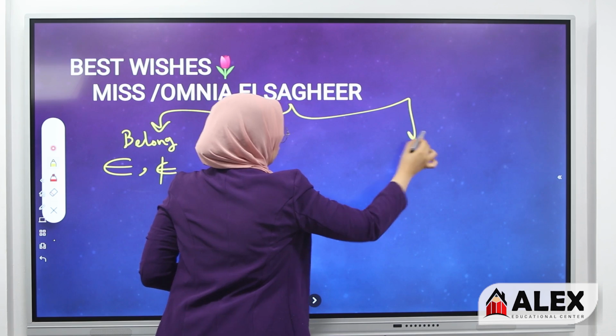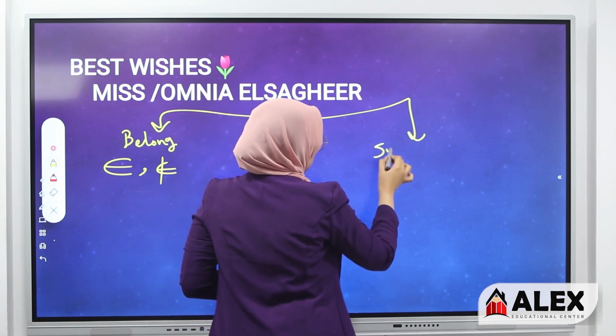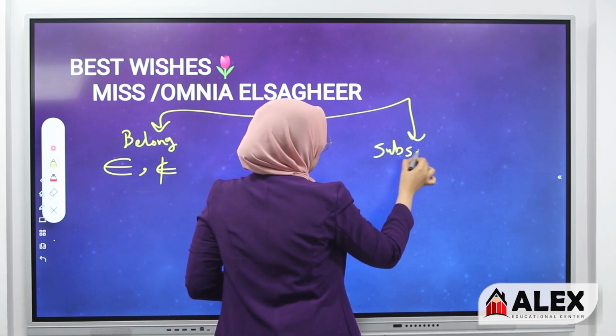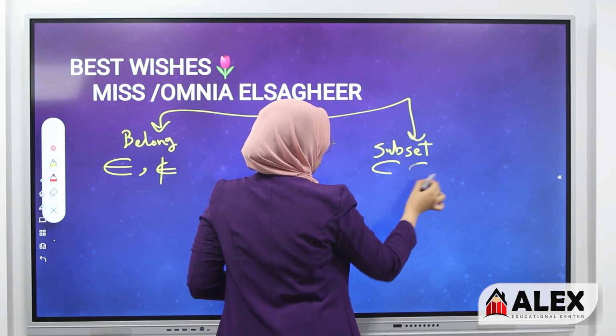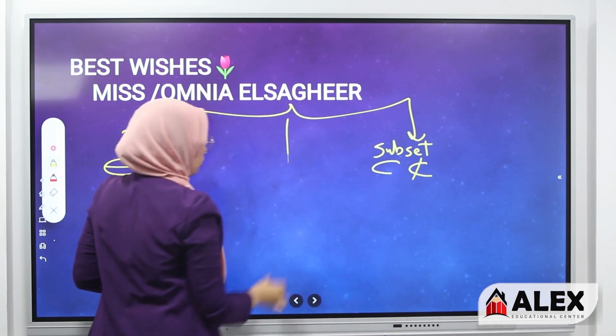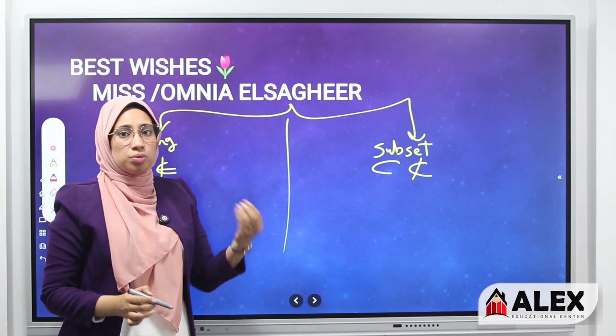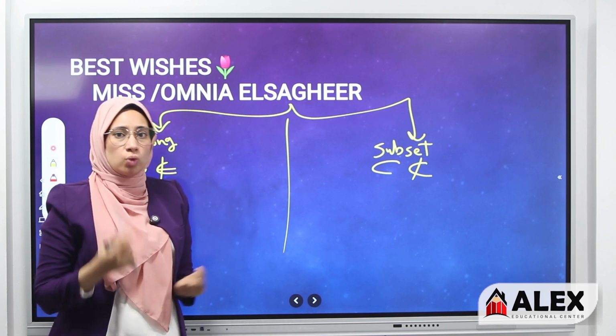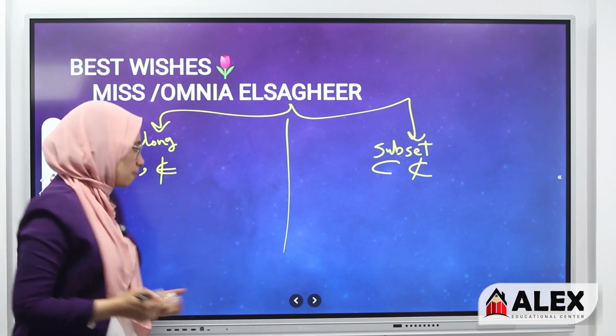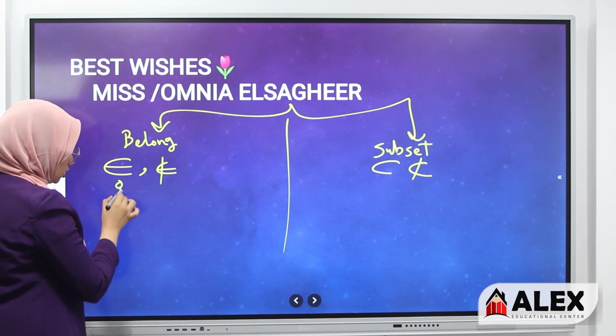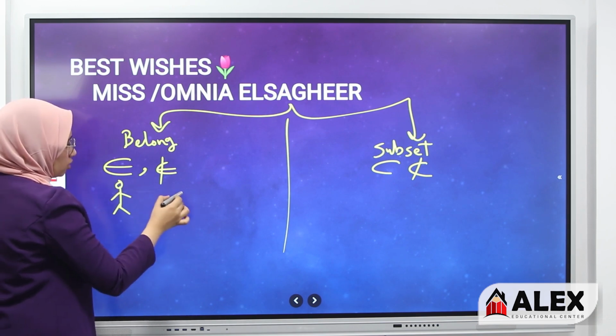And the second one, subset or not subset. Belong and not belong is between one element and what? And the set.